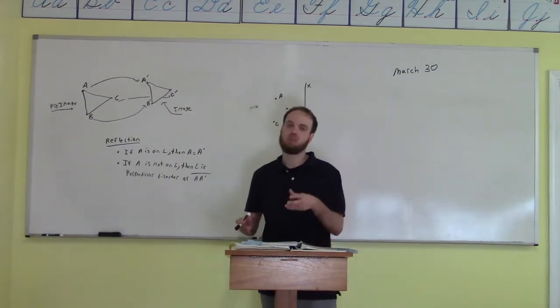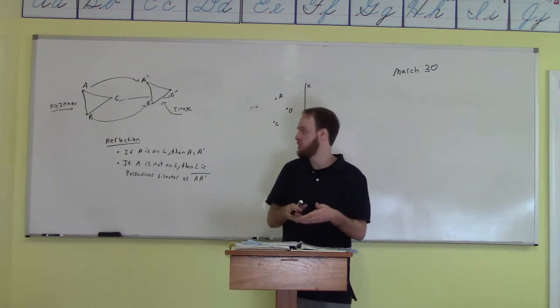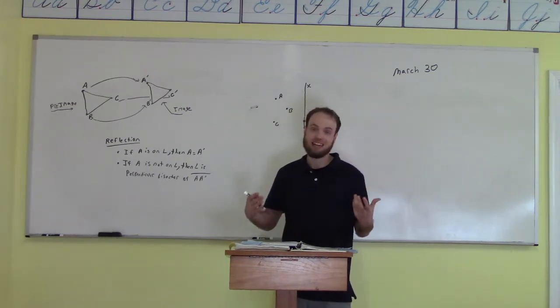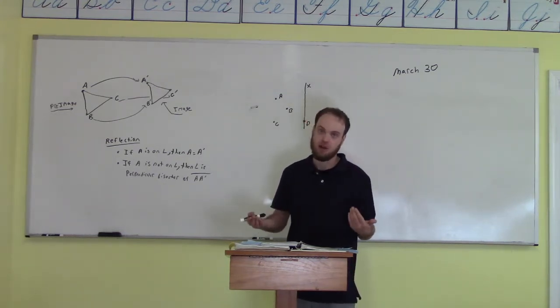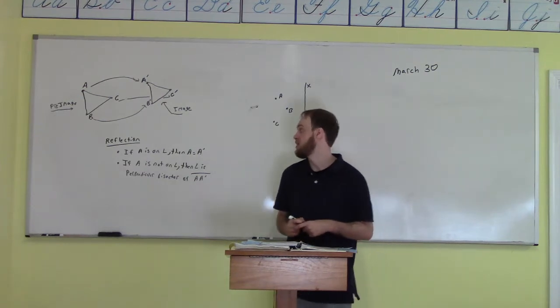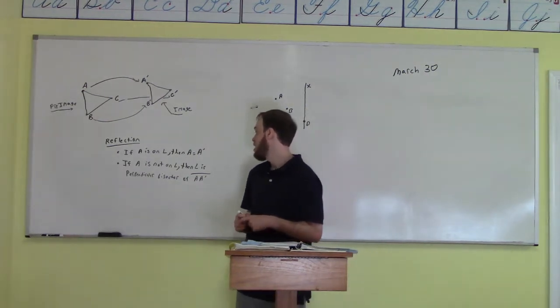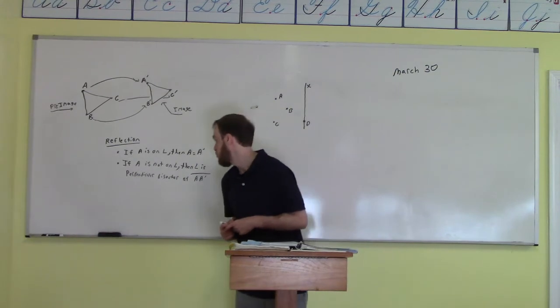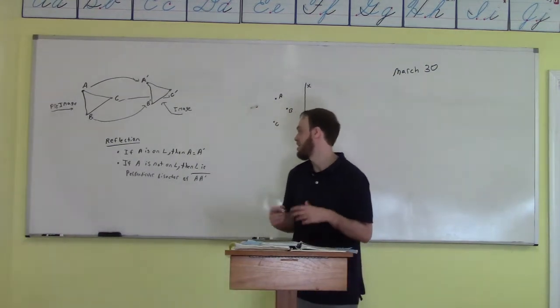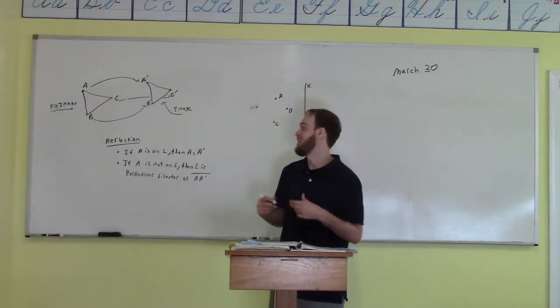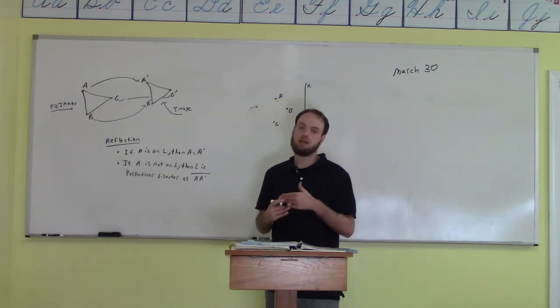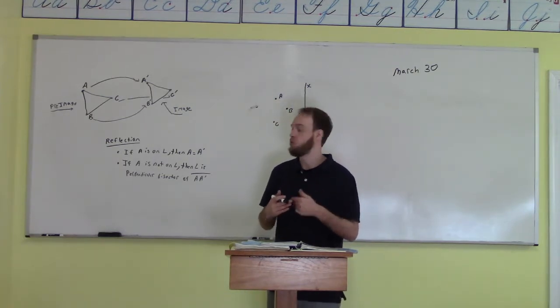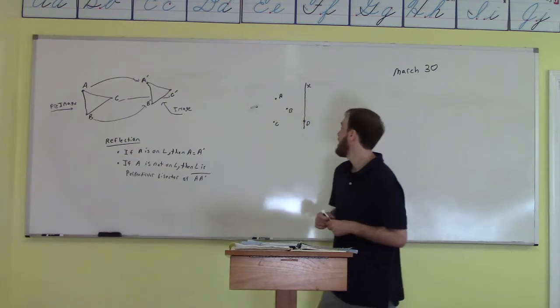So if the actual point you're looking at is on the line of reflection, then that is A prime. It just stays exactly right there. The second property is if A is not on line L, then line L is the perpendicular bisector of the segment AA prime, which means line L intersects the segment at right angles. And so we'll look at that.